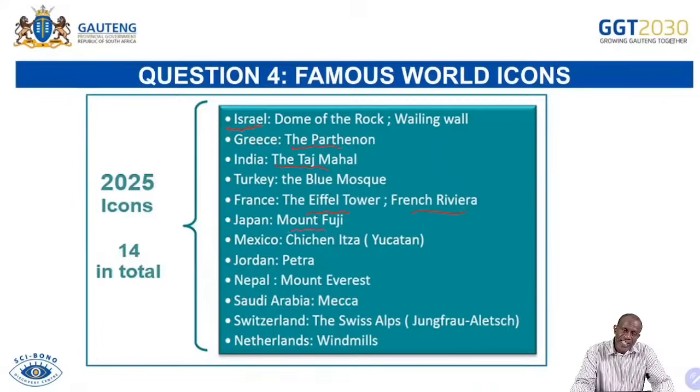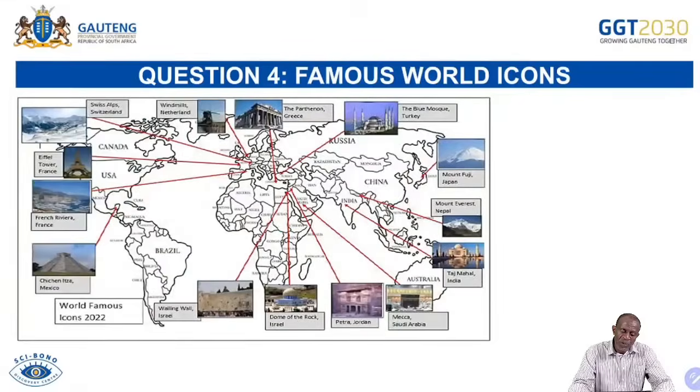Please refer to the examination instruction of 2021 to 2025, and it will help you identify the prescribed icons. Alternatively, you can refer to your work schedule or your ATP. It will clearly indicate which icons are prescribed for study in 2025.